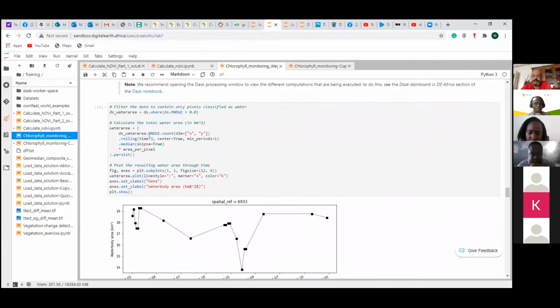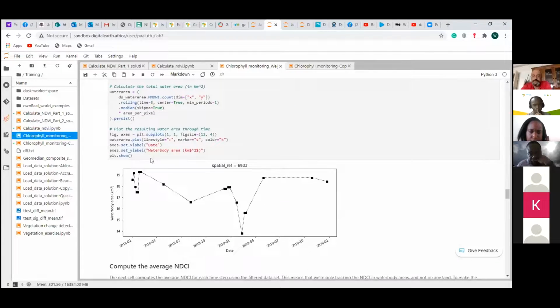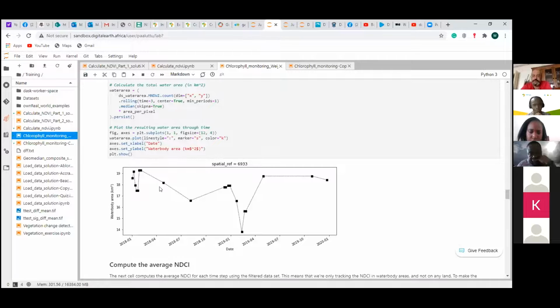And this is what I got at the spatial reference with the water body area. As you can see, from January 2018 to January 2020, there has been a huge time difference with the area in kilometers.